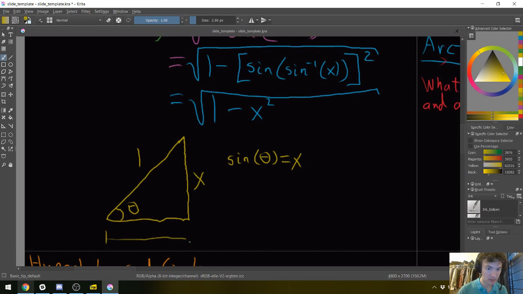Let's do short steps. What is the Pythagorean theorem if this is y? What is the relationship? X squared plus y squared equals 1. Okay, and if I solve that for y, what is y equal to?